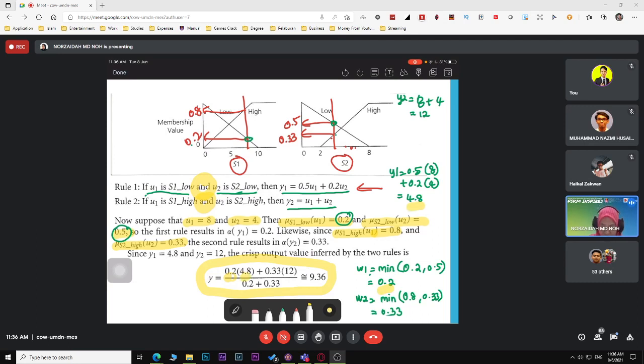And then W2, 0.33, multiplied by Y2. Divide by W1 plus W2. So the value we get is 9.36.